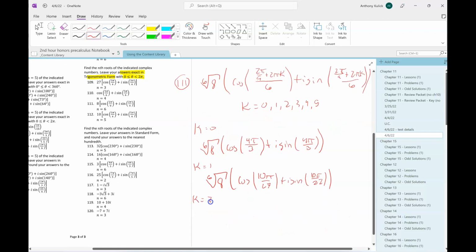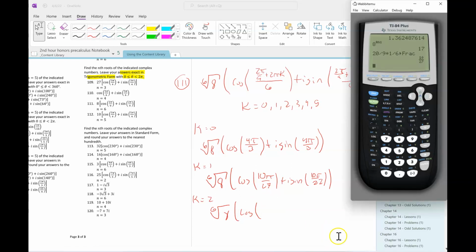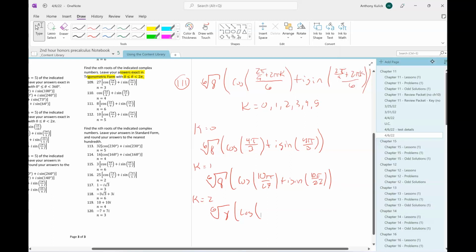And we do k equals 2. Oops. Let's just do it on the calculator. That's going to be 19 over 27. And now I'm starting to second guess that first one.